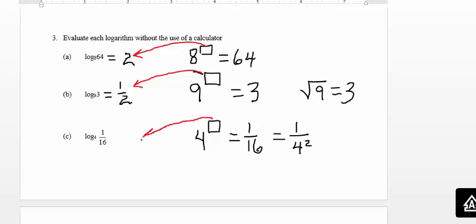So this logarithm is equal to the exponent -2. So 1/4 squared is the same as 4 to the -2.